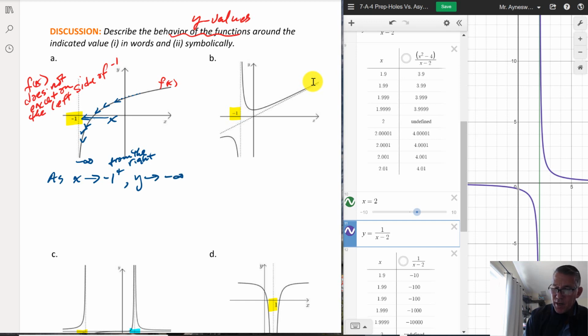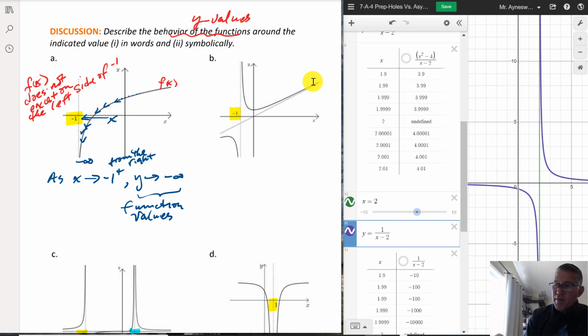Y, these are the function values right here. So you have to understand what I mean by behavior of function values. I'm talking about the y values. So when you approach a value from the right, the function values obviously go down to -infinity.